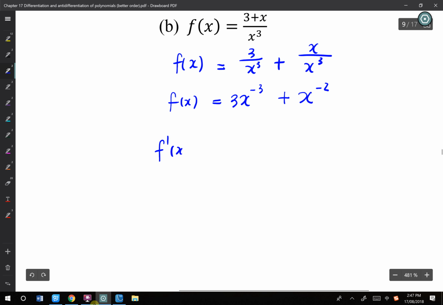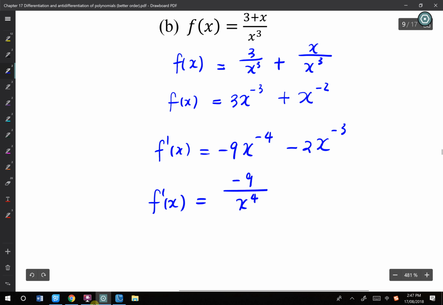So f dash x equals -9x to the power of -4 minus 2x to the power of -3. I can make it -9 over x to the power of 4 minus 2 over x to the power of 3. I can do that.